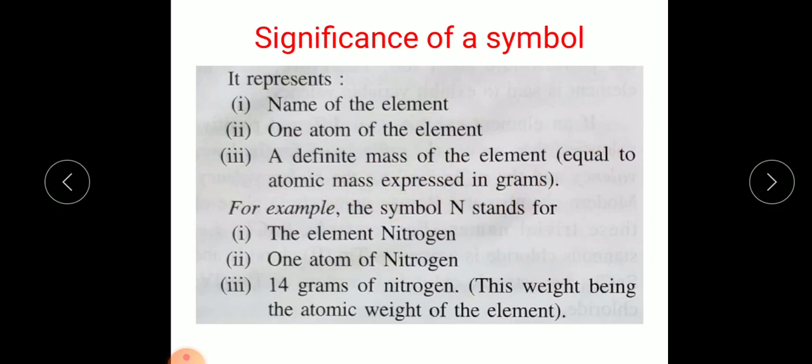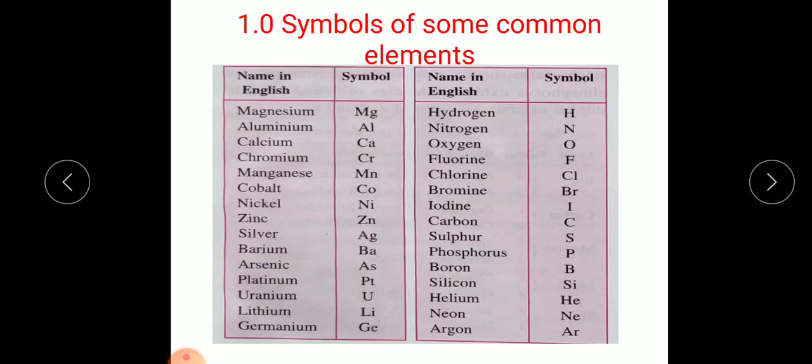For example, the symbol N stands for nitrogen, one atom of nitrogen, and 14 grams of nitrogen, which is the atomic weight of nitrogen. So this is the significance of a symbol.